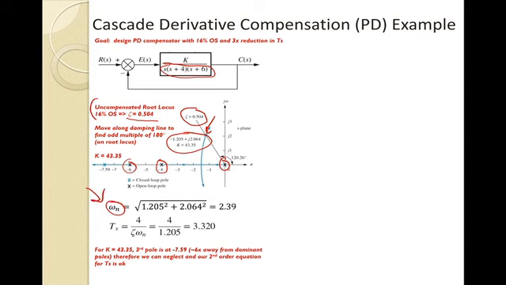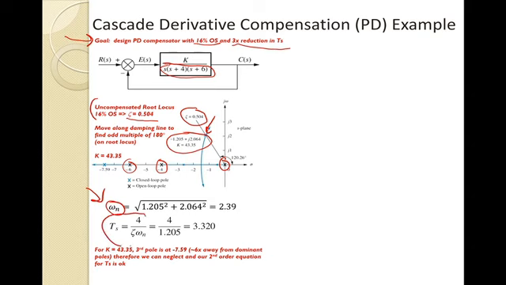Now, let's go back to our goal for a second. We want to design a proportional derivative compensator with a 16% overshoot and a 3x reduction in the settling time. So from this uncompensated system, what is the settling time?